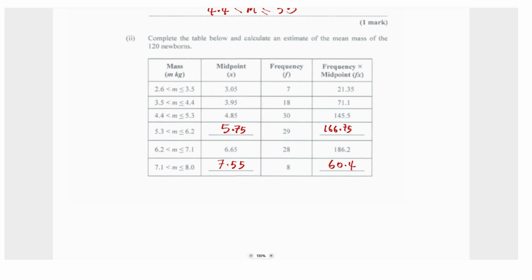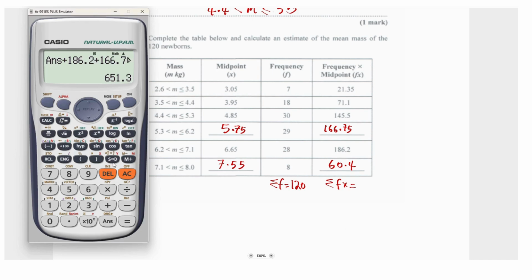So we want to calculate an estimate for the mean. So the total frequency here, the sum of the frequency here, is 120. And we need to work out the sum of frequency times x. So let's get our calculator and work this out and add these up. 651.3.